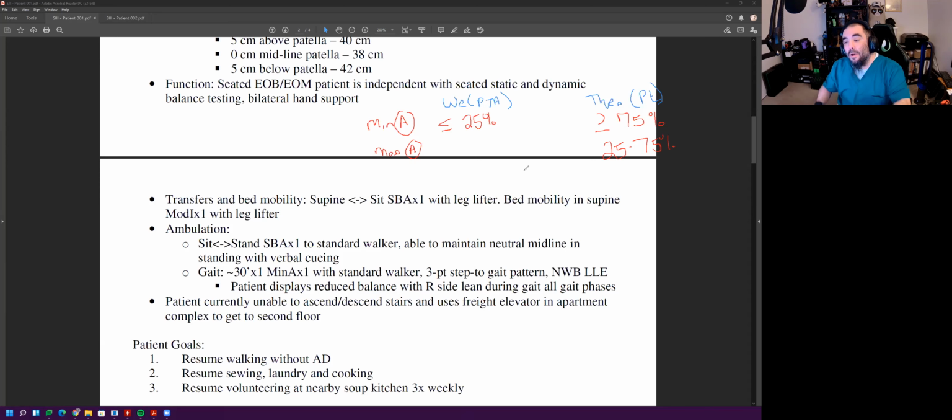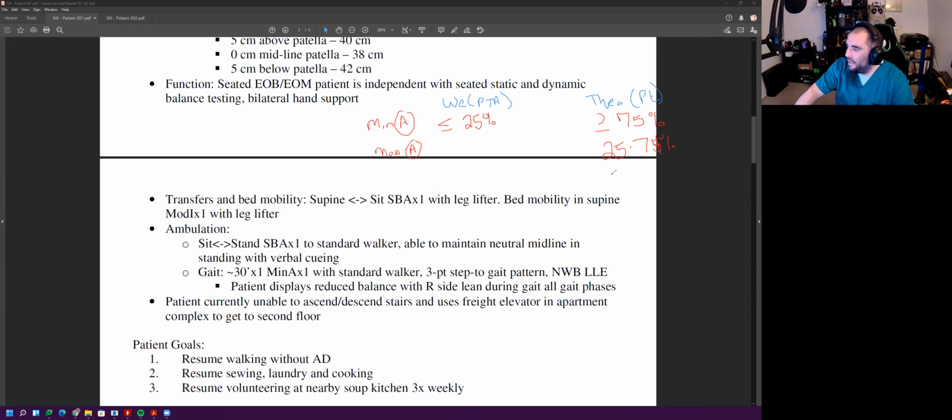Because if they're doing more than 75%, they're a min assist, technically this is 74.9. Not that we measure that anyway, but they're doing somewhere between 74% and 25% of the work.